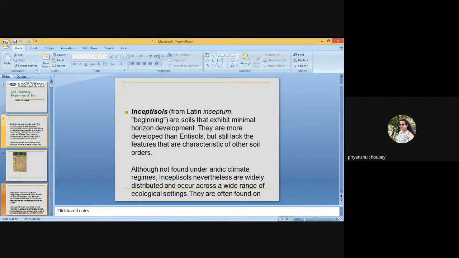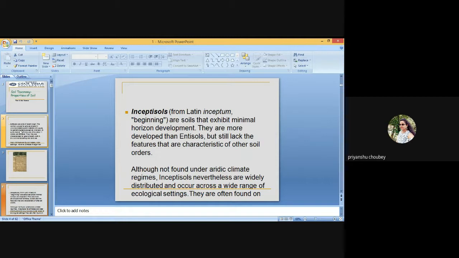Next one, the Inceptisol. The word comes from the Latin inceptum, meaning a beginning. These are soils in an early stage of development, with alteration of parent material to develop structure and variation of color. They may have one or more diagnostic horizons, cambic, umbric, and mollic, but do not have an argillic horizon. They are found throughout India and are important soils.